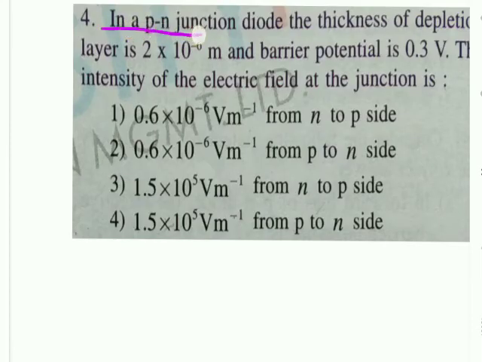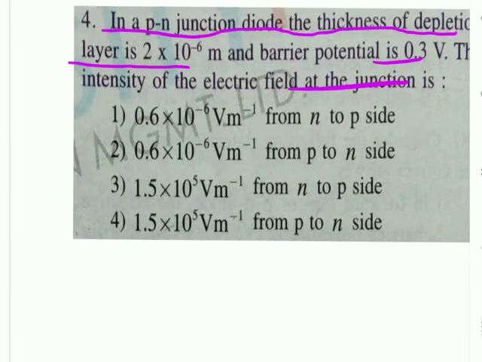In a PN junction diode, the thickness of the depletion layer is 2 into 10 to the power of minus 6 meters and the barrier potential is 0.3 volts. The intensity of the electric field at the junction is, he is asking the intensity of the electric field at the junction. So he gave the depletion layer width and potential.